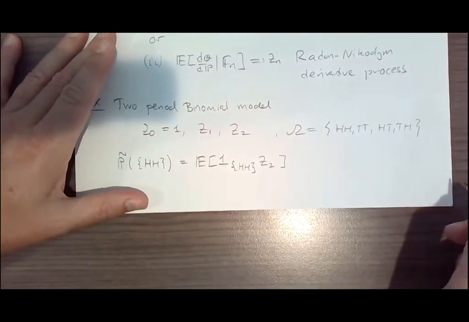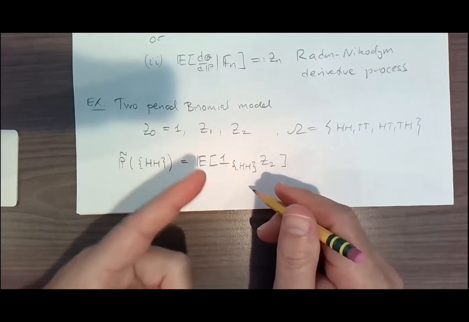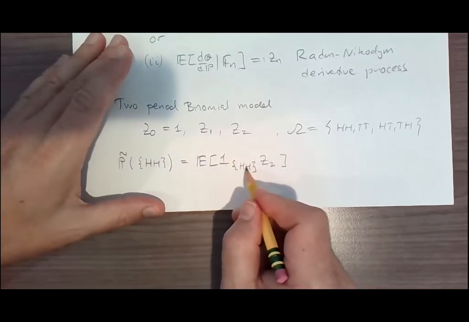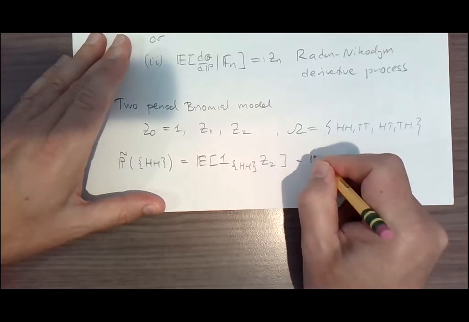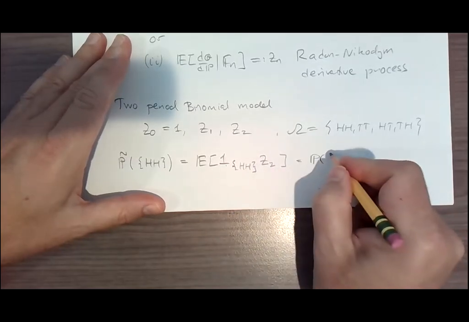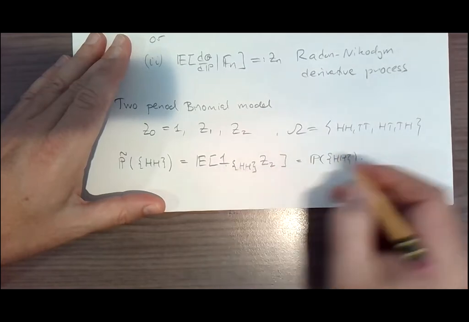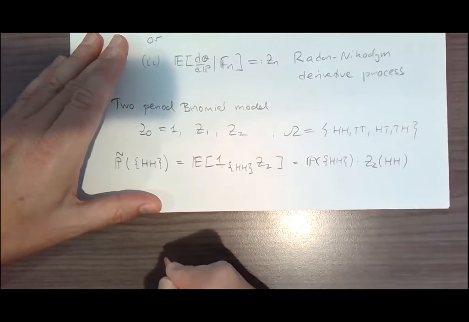So what would that be? Well, the indicator is only going to be 1 on the set HH. So this is going to be equal to the probability under P of heads, heads, times Z2 evaluated at HH.